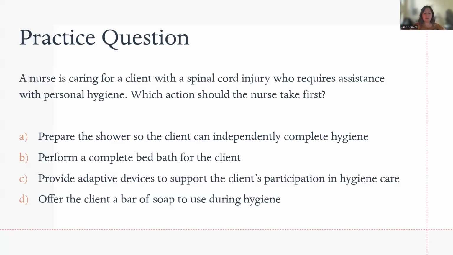So if I were you, I would have been between B and C, but what is B doing? It's completely taking everything away from the patient, just doing it all for them. Another important aspect of basic care and comfort is independence, self-care. Okay. So we need to give them the opportunity to be able to try.